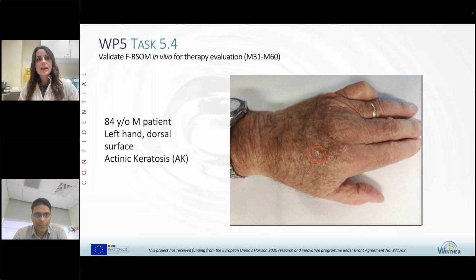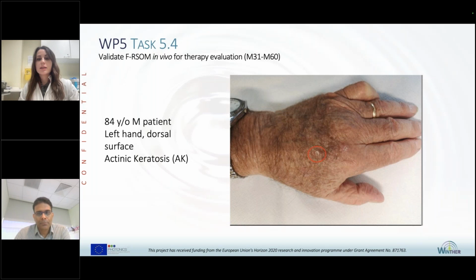The first clinical case is about a patient affected by actinic keratosis. Actinic keratosis, also named solar keratosis, is a condition caused by abnormal keratinocyte proliferation in the epidermis, and it could lead in some cases to squamous cell carcinoma. For this reason, we had to treat it.